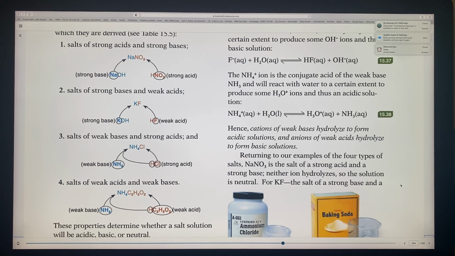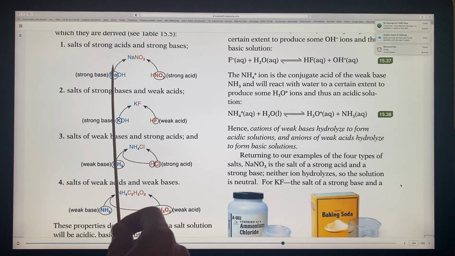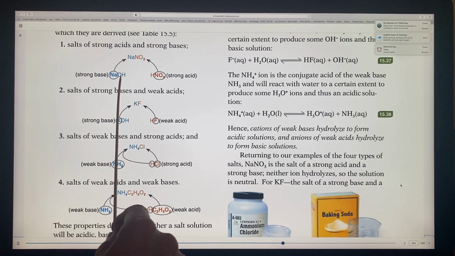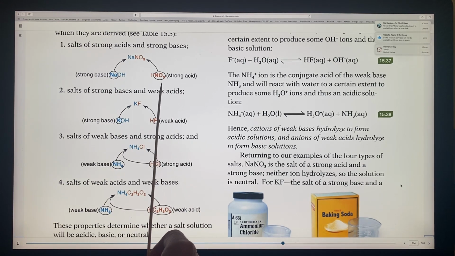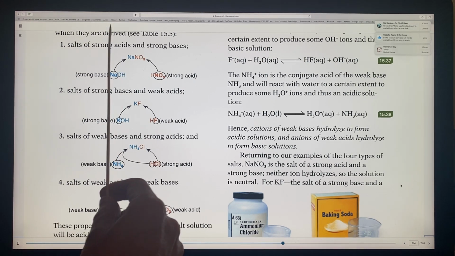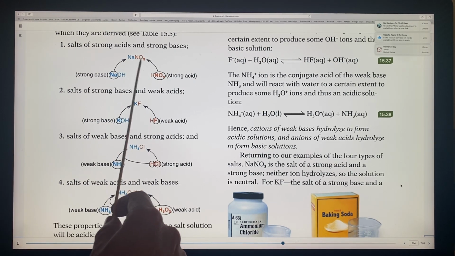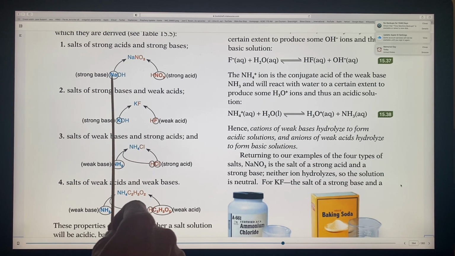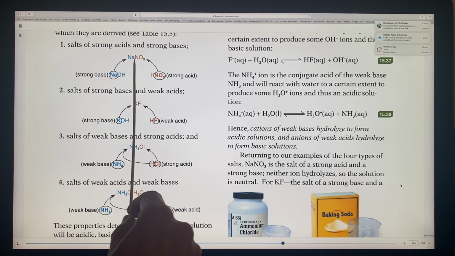We have a strong base, sodium hydroxide, NaOH, the OH making it a really strong base. And then we have a strong acid. A strong base and a strong acid come together in a salt, and we can see where the salt is going to come out, with Na being the salt coming out.